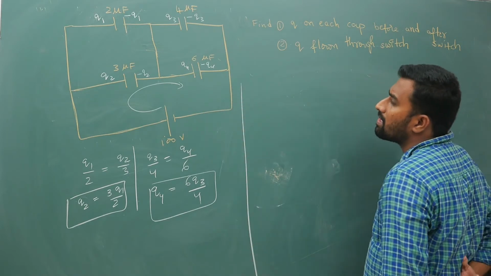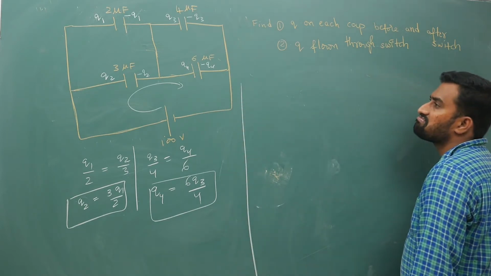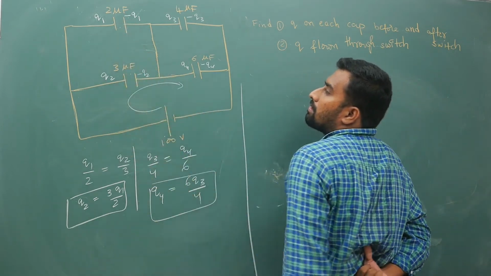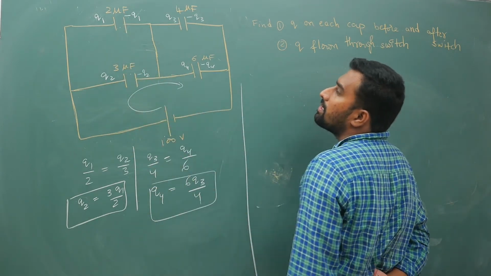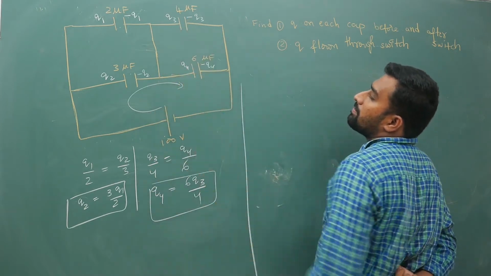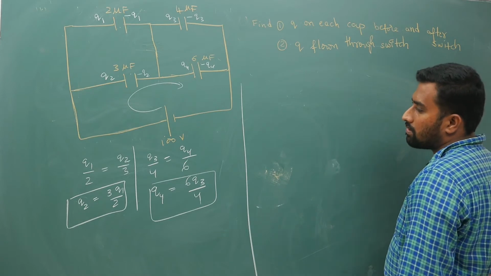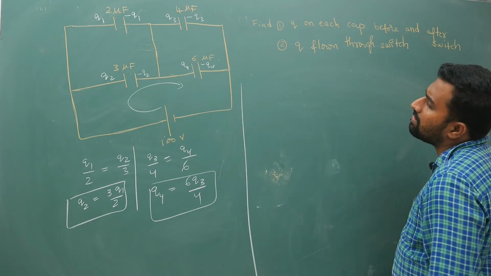I think we need to take parallel and then simplify. Maybe that is better. So 2 and 3 we have to replace with a single capacitor, 3 and 4 we have to replace with a single capacitor and then do the calculation, I suppose. That you can do, but let me think of any other method.